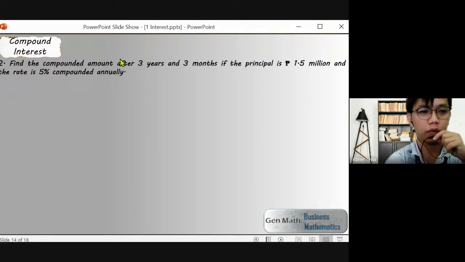Okay? So from this problem, we're going to find the compounded amount. That is another term for future value, compounded amount. That is how we term it in compound interest.